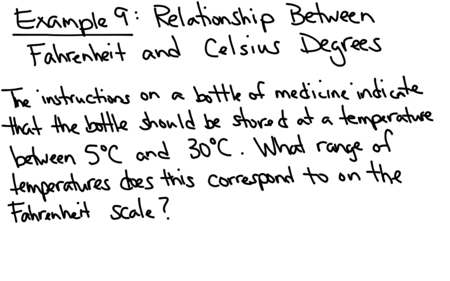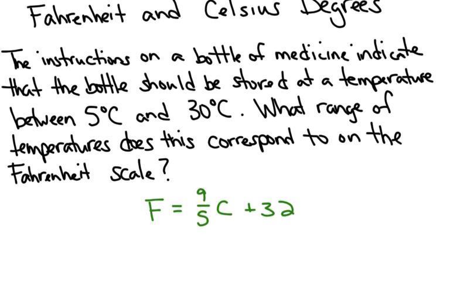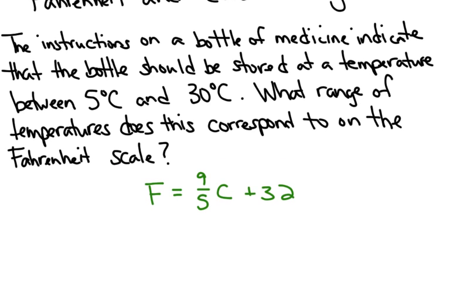Well, let's start with this. Most people have F equals 9/5 times C plus 32 memorized. That's the most memorized version of the formula. I know that I want my temperature to be between 5 degrees Celsius and 30 degrees Celsius.